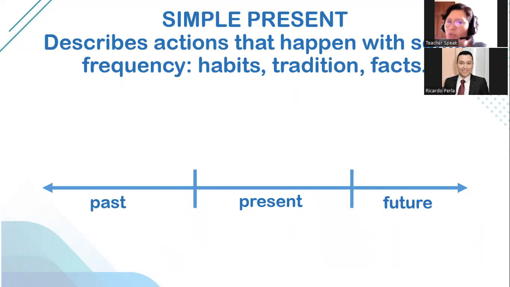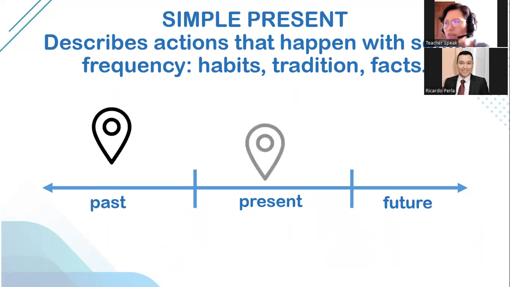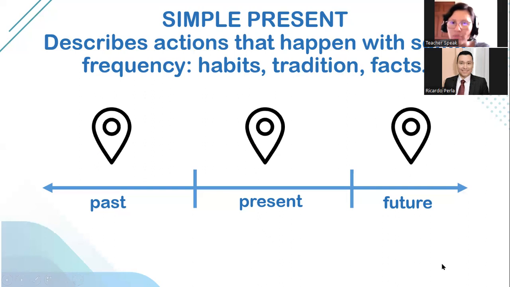Then we have also traditions, and facts. Facts are things that are always true. So when we talk about present simple, we talk about things that we do every day. For example, Ricardo, do you take a shower every day? Yes, in the morning. Okay, very good. So you took a shower yesterday, you took a shower today, and you will take a shower tomorrow.